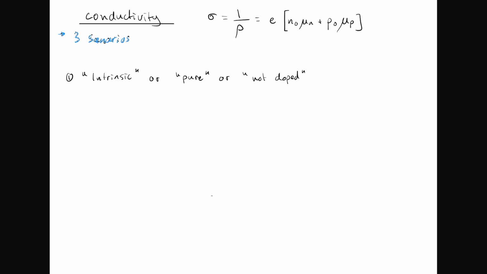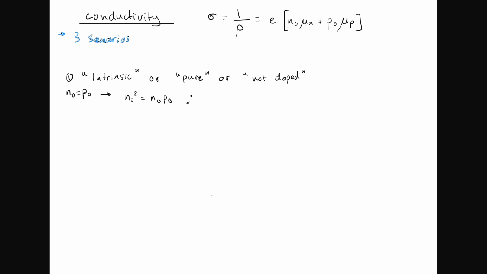So when they say this, okay, what they're saying is that n0 is equal to p0. Now, concentration of holes is equal to concentration of electrons. And as a result of this, we have the equation ni squared is equal to n0 p0. But if n0 and p0 are the same thing, then they just are the same as ni.